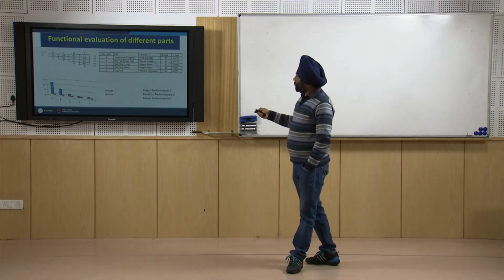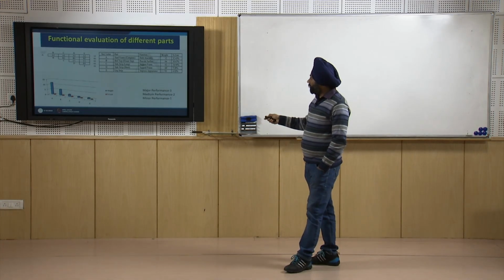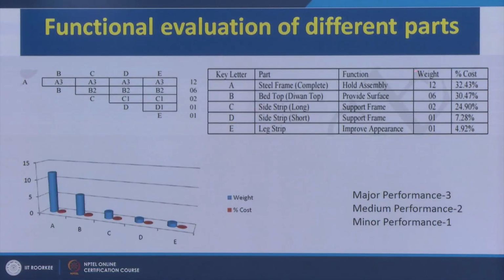So here we can see the percentage of cost is calculated, and the relative weight is also calculated using this matrix approach and this criteria of giving major performance, medium performance and minor performance. Here you can see the weight is given in blue, and this is the percentage cost. I think yes, maybe this is correct. So in this way we can plot this data.